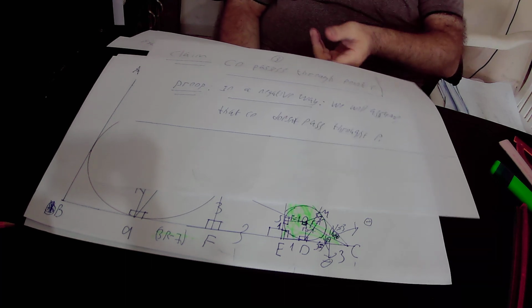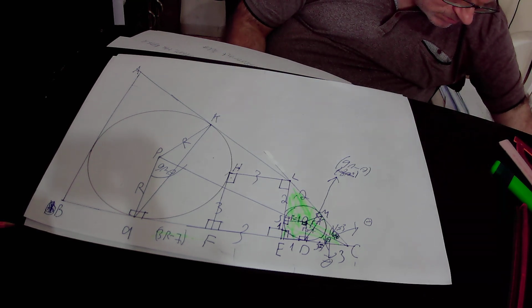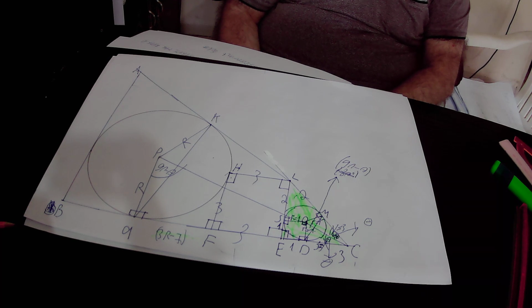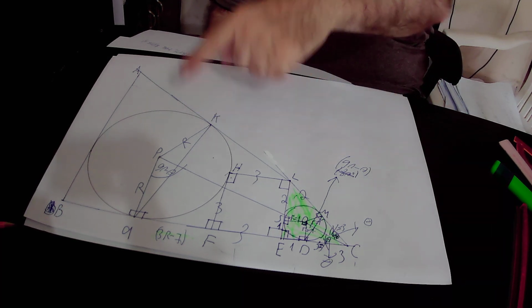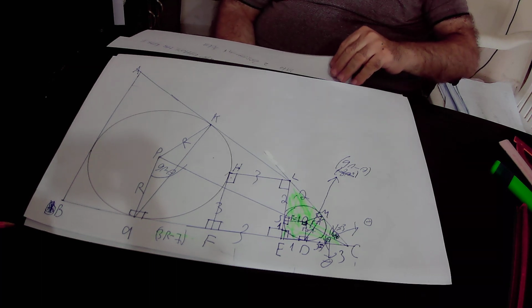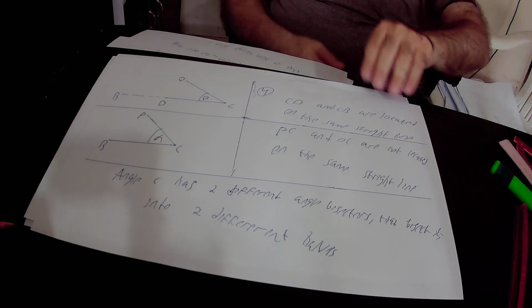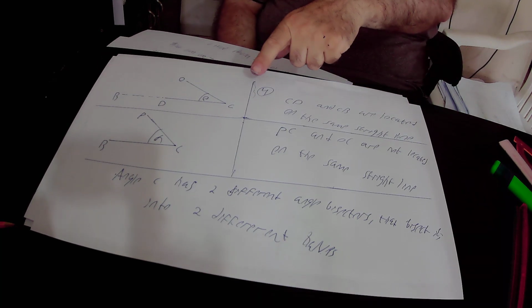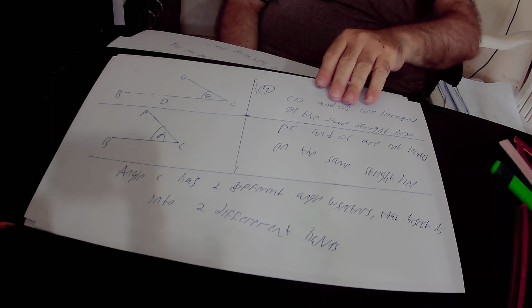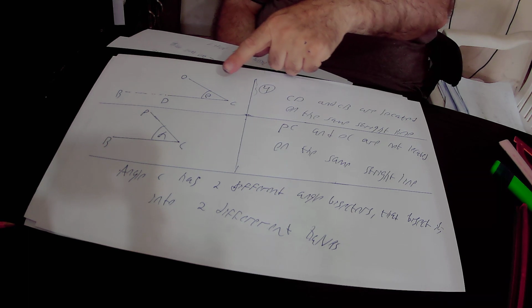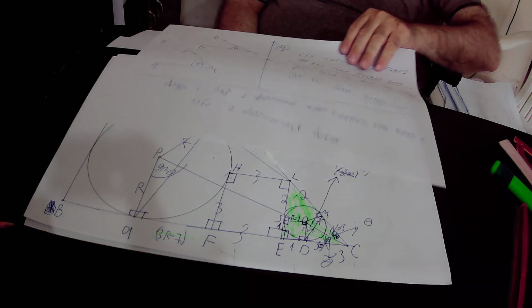So in the first step we actually assumed, in the negative way, that CO doesn't pass through point P. So if CO doesn't pass through point P, then we will have here two angles, angle OCD that is equal to theta. It's very easy to see from the drawing that CD and BC lie on the same straight line.